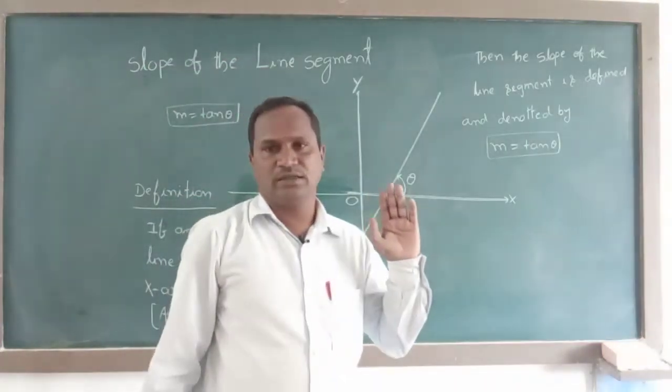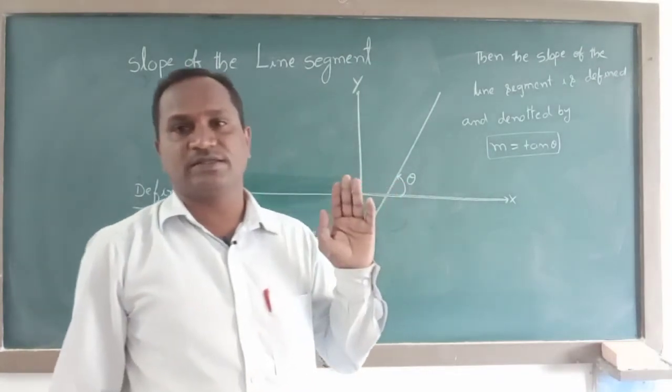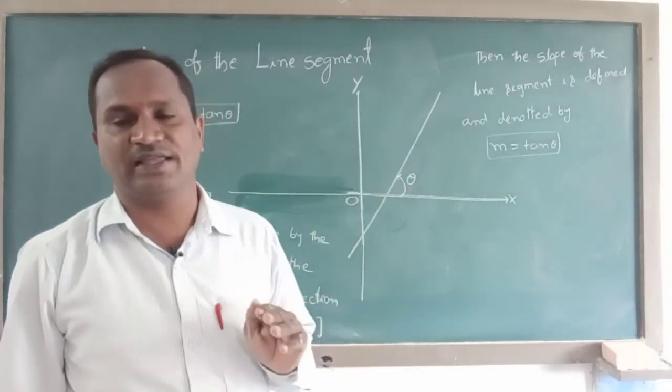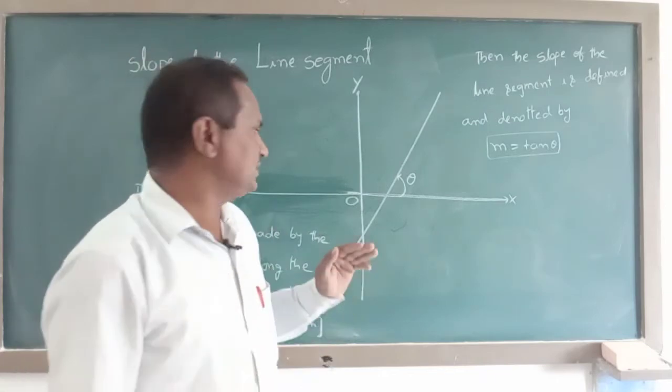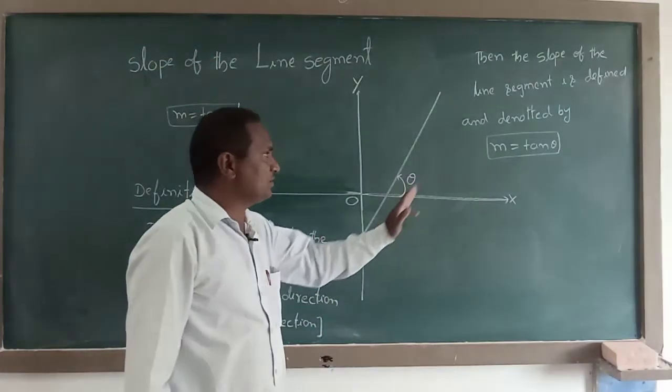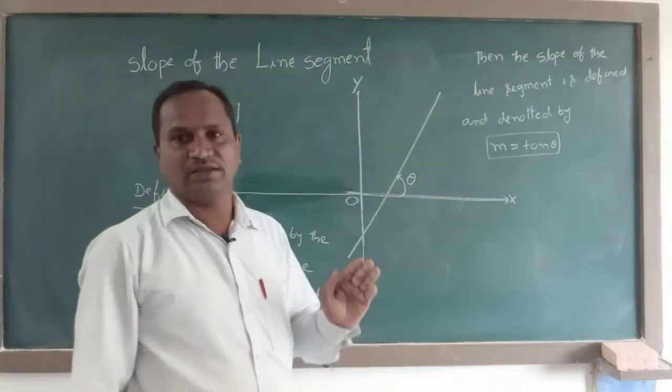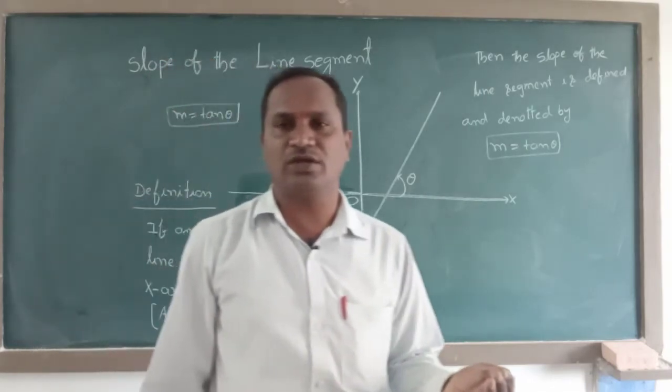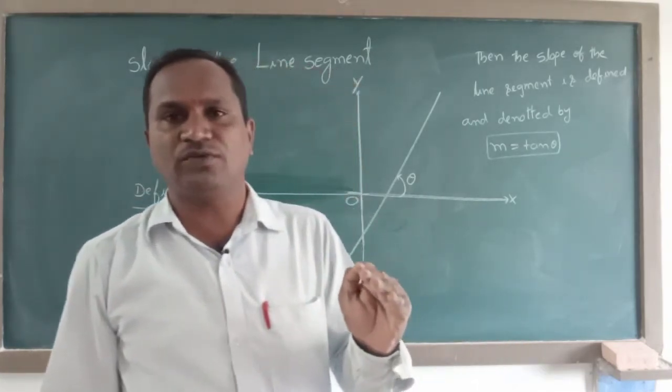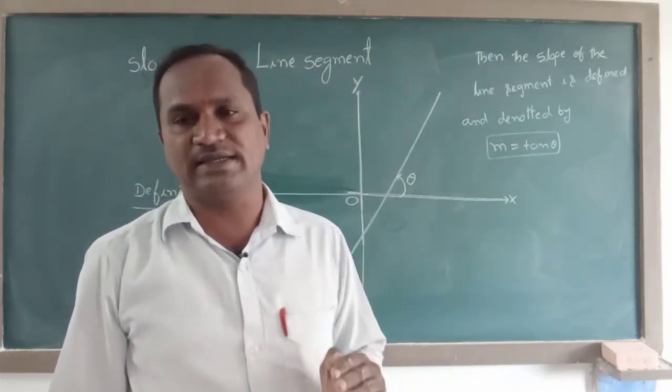If the angle is in the clockwise direction, the slope value is negative. If it is in the positive direction, m is equal to plus tan theta. If it is in the clockwise direction, then we take m is equal to minus tan theta.